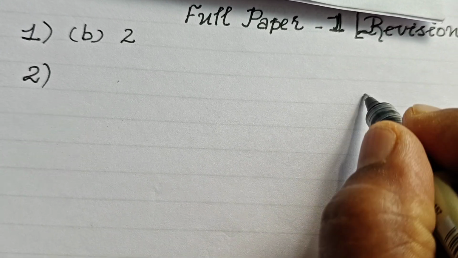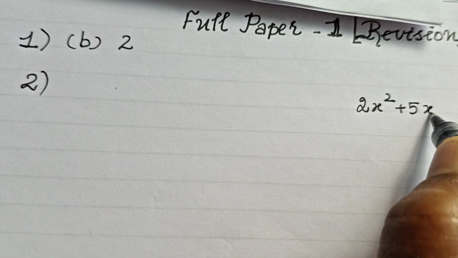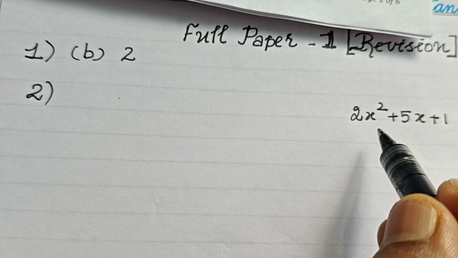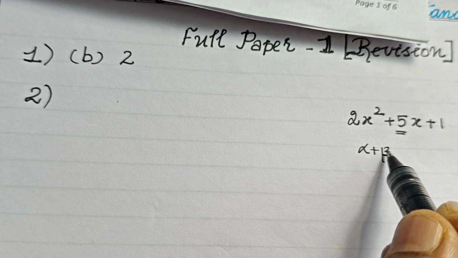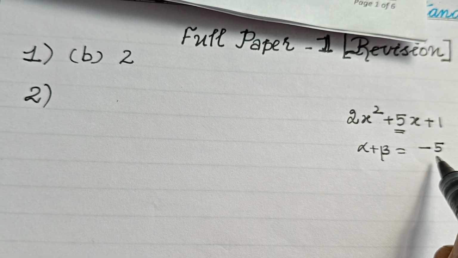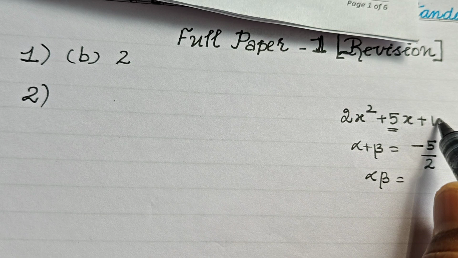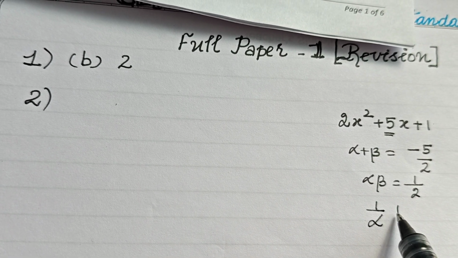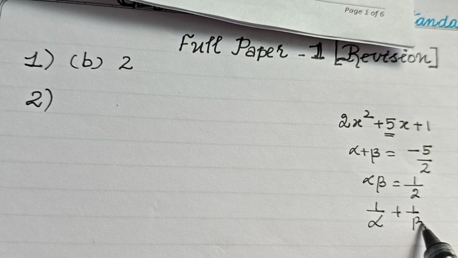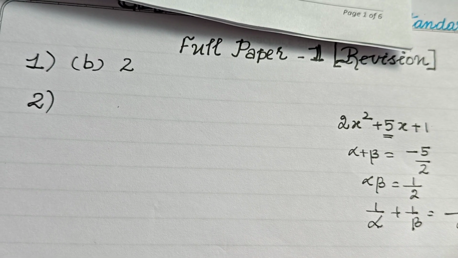The given polynomial is 2x square plus 5x plus 1. From this, alpha plus beta, the sum, equals minus b by a, that is minus 5 by 2, and the product equals c by a, that is 1 by 2. We know 1 by alpha plus 1 by beta, when you take the LCM alpha beta, is beta plus alpha over alpha beta.